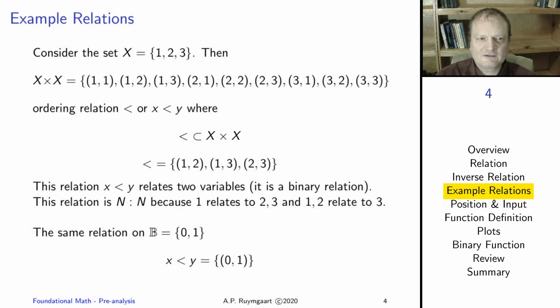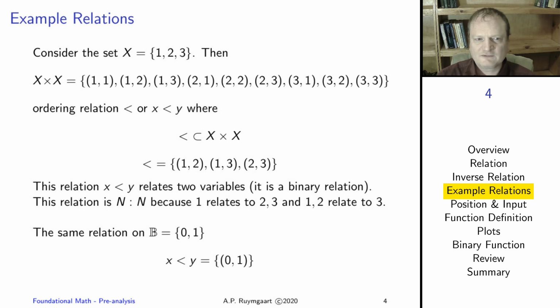And let's look at the less than relation. That means that the first element in the tuple must be less than the second element. Not less than or equal to, but just less than. That leaves us with 3 ordered pairs: (1, 2), (1, 3), and (2, 3). And let's observe here that the element 1 relates to both 2 and 3.